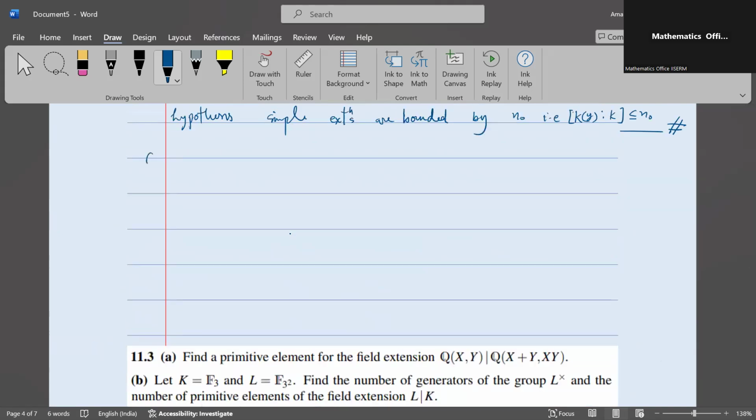Okay, this is part C. L over K finite plus separable. From here, we just know that L is equal to K(y) for some y belonging to L, hence L over K is a simple extension.